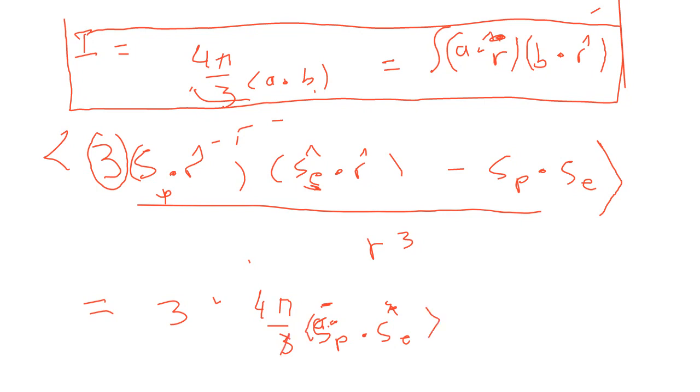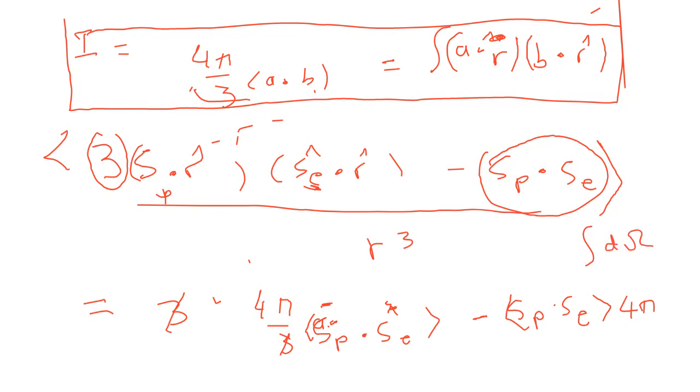But that 3 will cancel with that 3, and this integral, I'll write everything out. Once you do it, you will just get the integral over d omega, which will give you 4 pi. So that term will cancel with this term, and you get 0. So the hyperfine contribution only has one term, which is the one that is proportional to psi 0 squared.